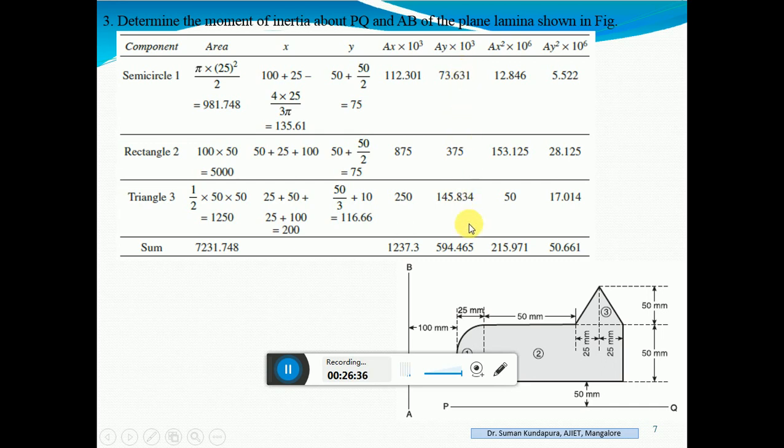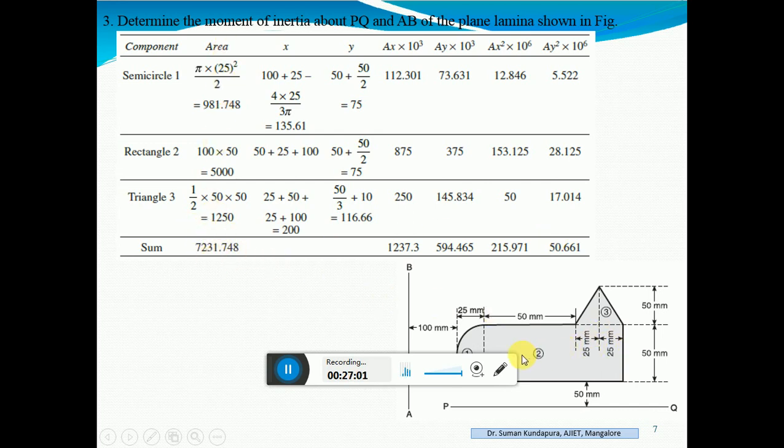So Ax into x, you will get Ax square, summation of that value, and Ay square, that is Ay into y, Ay square, summation of that value, summation of the area, all three areas.